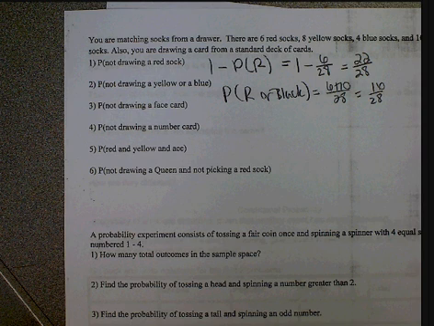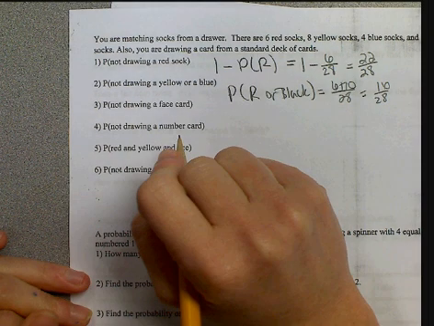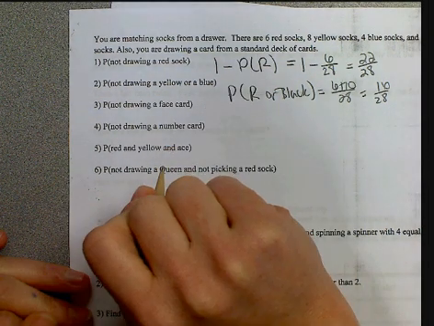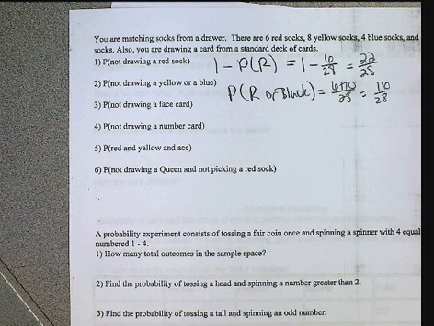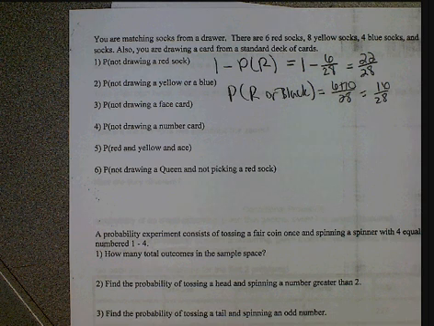So next we want to look at what's the probability of not drawing a face card. And yes, we could look at that as what's the probability of drawing a face card. If you remember from earlier, we have 12 face cards.